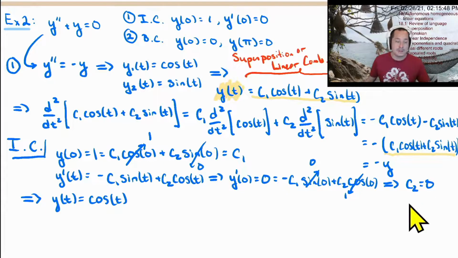What that's saying is that of the family of sinusoids listed right here in superposition, the one set of sinusoids that goes through 1 when time is 0, and whose derivative goes through 0 when time is 0, is the cosine function, right?